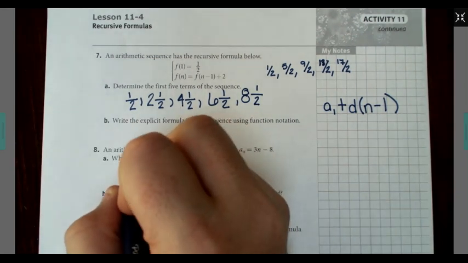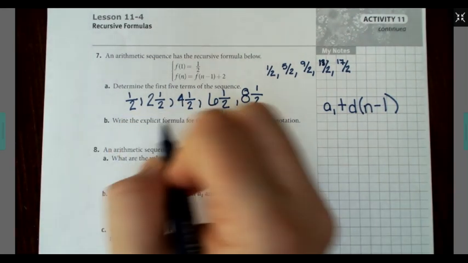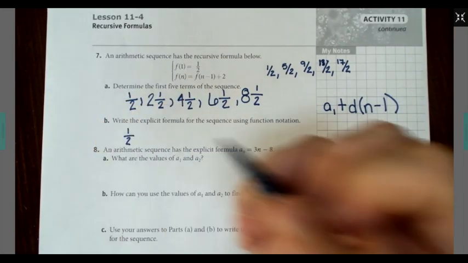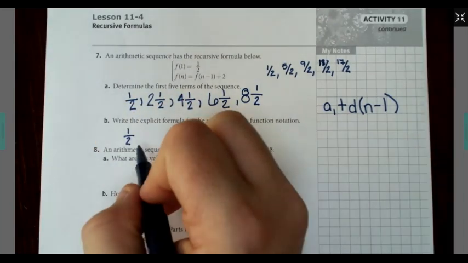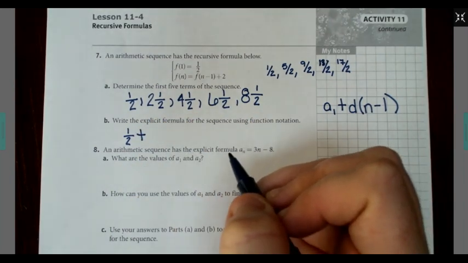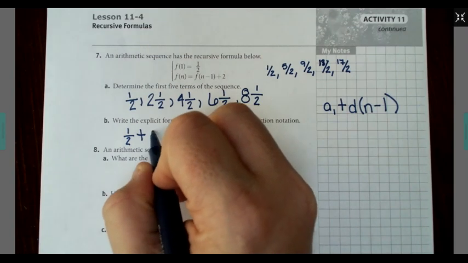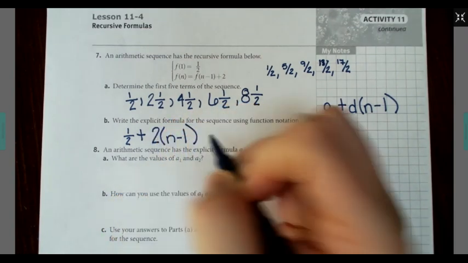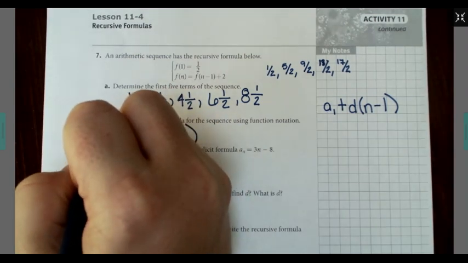So in this case, we're going to do A1, which is 1/2, or f of 1, same thing, right? So 1/2 plus, what's my common difference? What am I adding each time? 2. So 2 times n minus 1. And this is what f of n equals.